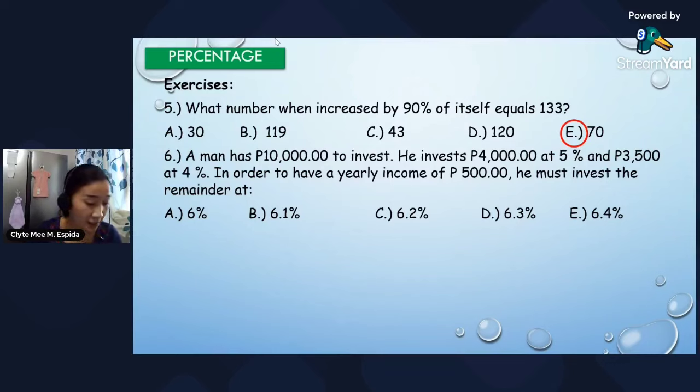Okay, let us have your answers. Letter C, that is 6.2%. Some more answers.